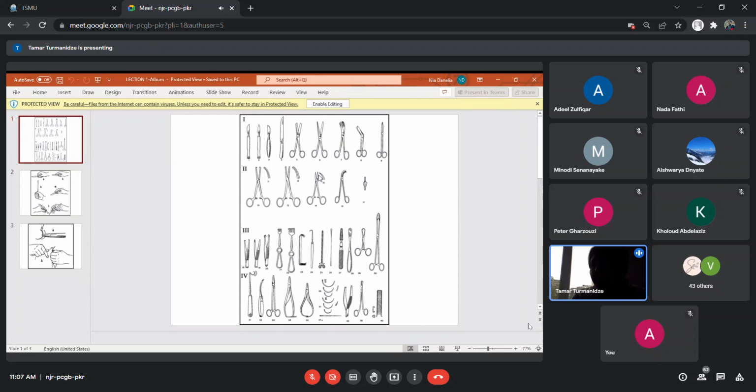For example, the brachial artery is a big caliber artery, and if we have bleeding from a big caliber vessel, one of the methods to stop bleeding from a magistral artery is the ligation method. What does ligation mean? Ligation means to put a knot on the vessel.